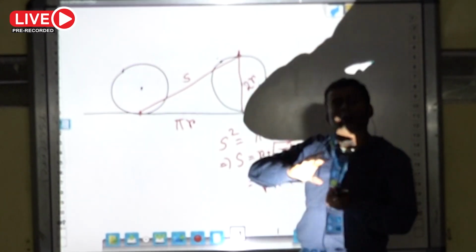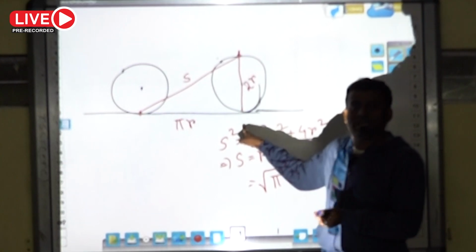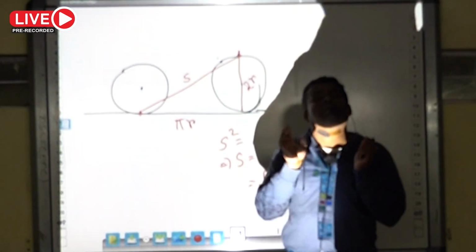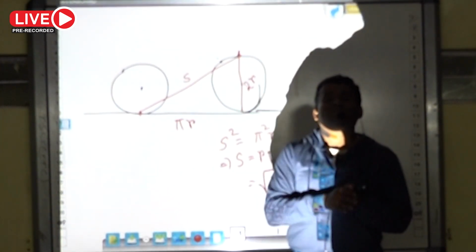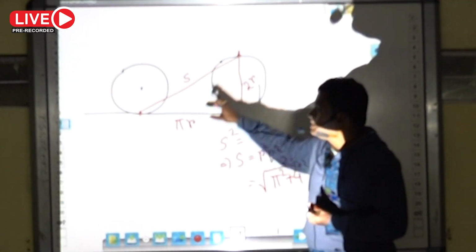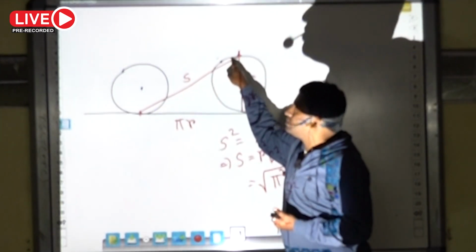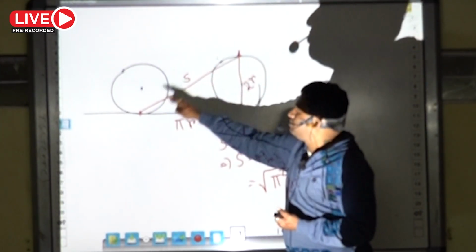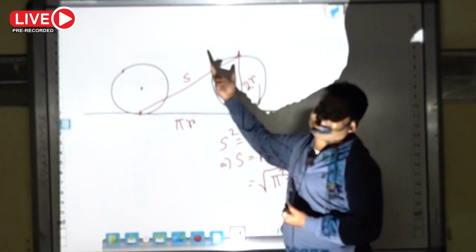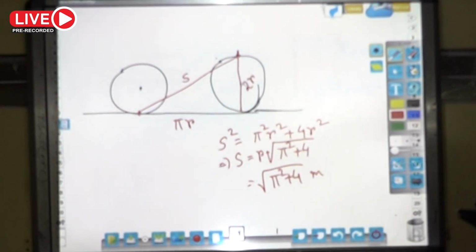In one complete revolution, the linear distance moved forward by the wheel is equal to the length of its circumference. So in half revolution, it will move half, that is pi r. Now this height is 2r because that is diameter. So what is the displacement of this point when half revolution is completed? This hypotenuse. So calculate hypotenuse.